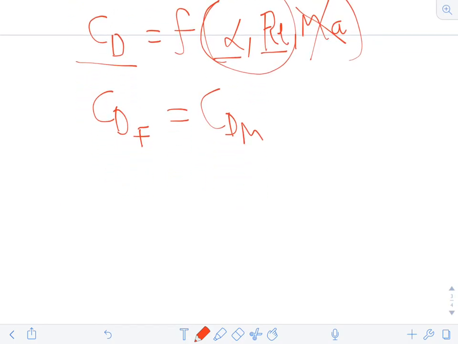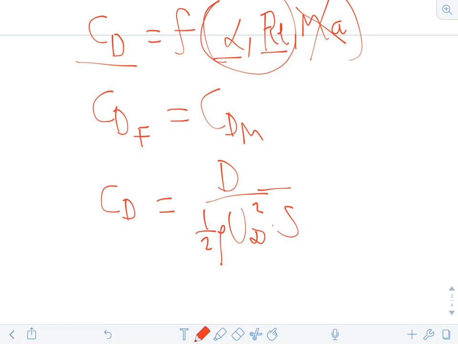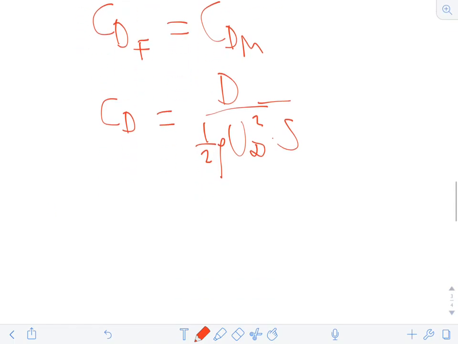And recall that our drag coefficient is the drag normalized by the dynamic pressure and the planform area. The model is half scale, so the chord of the model is equal to 1/2 the full-scale chord.